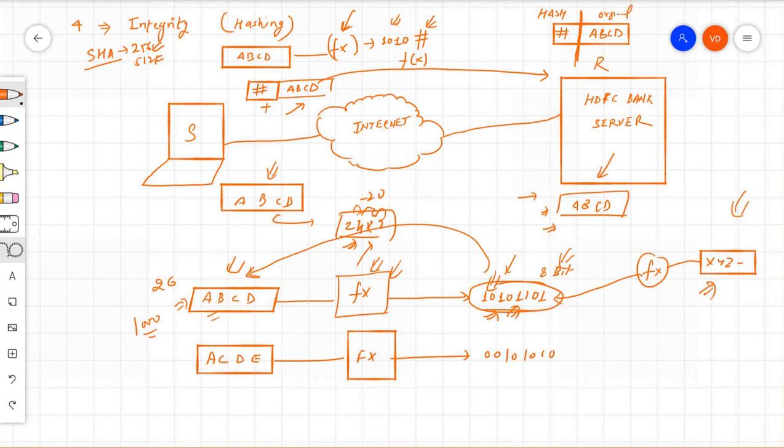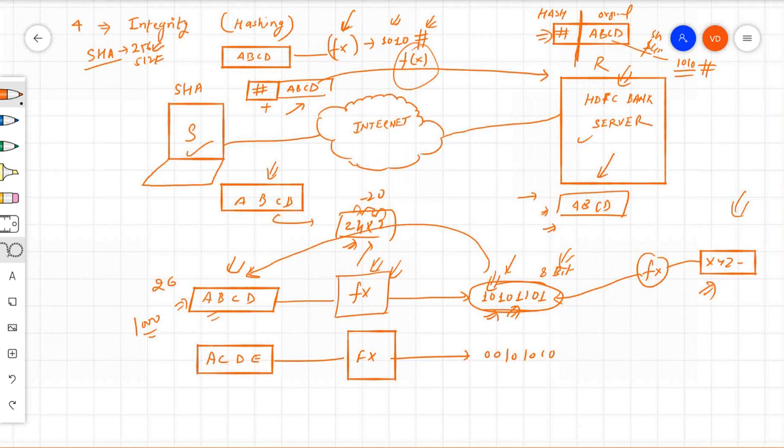It will pass this original value through the same function again, because before communication, you know that this guy is going to use SHA, Secure Hash Algorithm. So here, this guy is also using the same function FX or SHA to get the same value, which is 1010 or hash. Now, if these two values are the same, this receiver is sure enough that yes, I got the correct message.